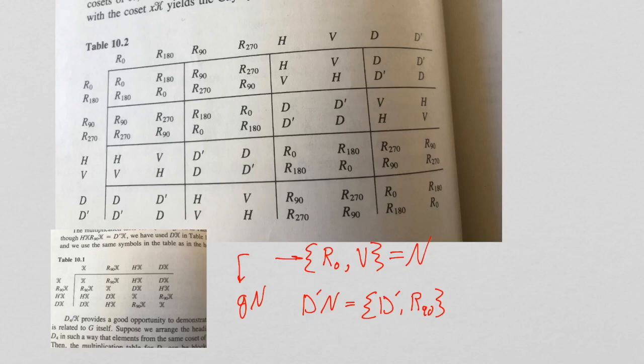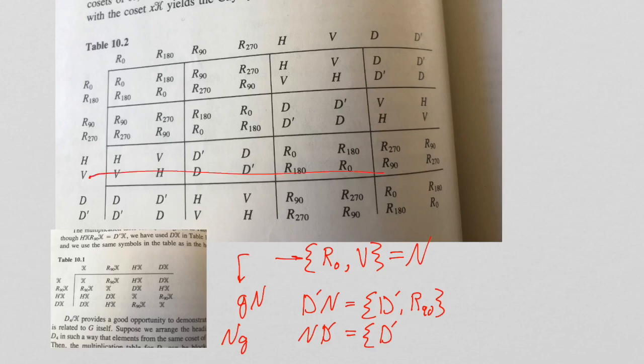But I want to make it clear, there's right cosets also, right? Which would now be N D prime, where I would multiply R0. Of course, I'm always going to get the D prime, whether I multiply it from the left or right on the identity element. It's that other element that could be different. And that would be V D prime with V on the left.